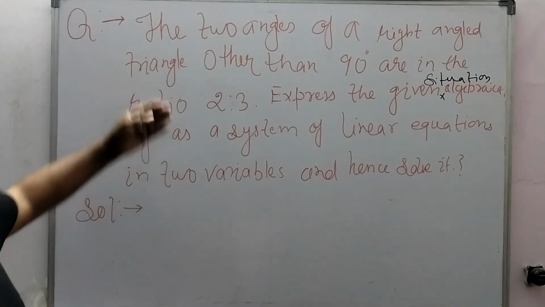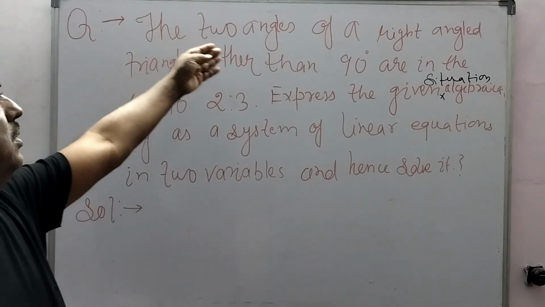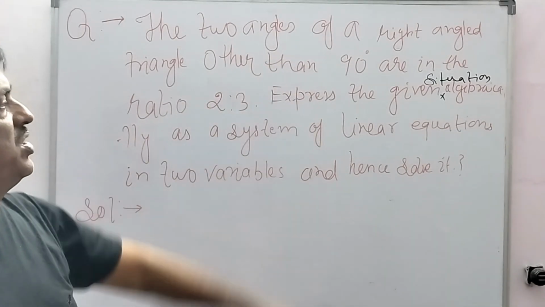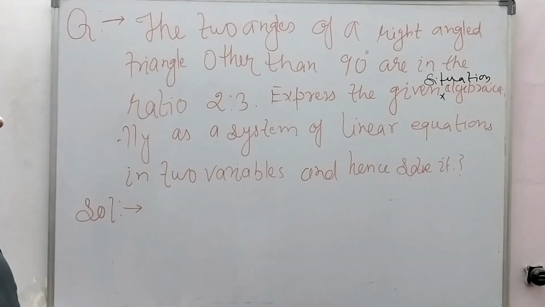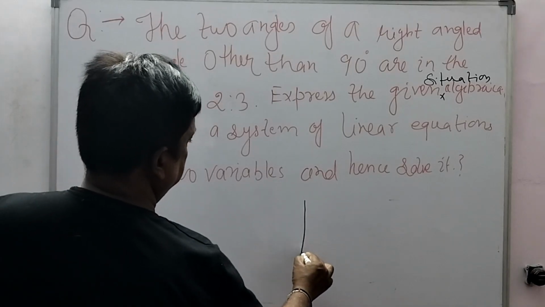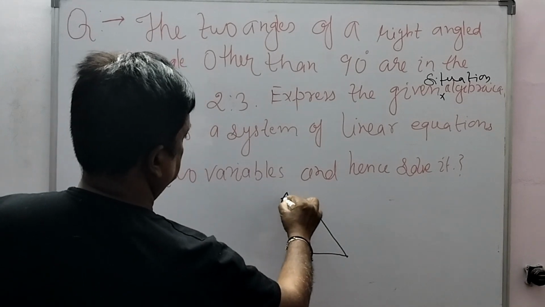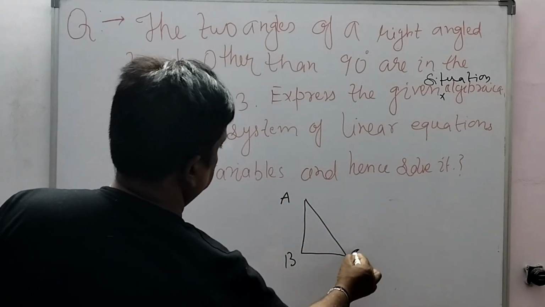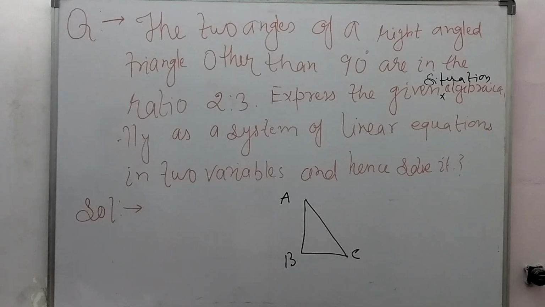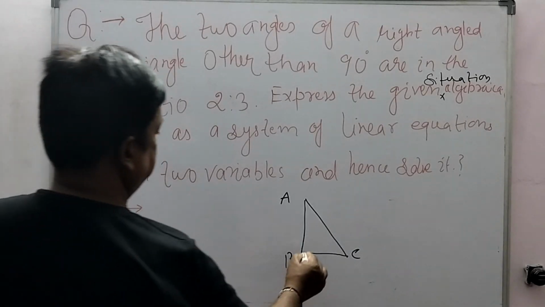Read this question again and understand the problem. The question is describing a right angle triangle and has given some conditions about it. You know that any triangle whose one angle is a right angle is called a right angle triangle.